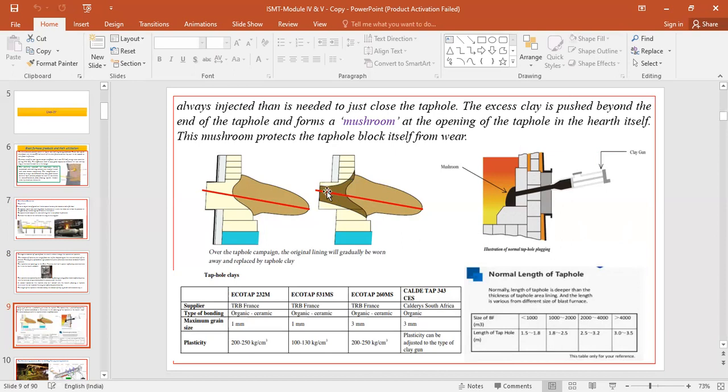You can see this brown part is nothing but the tap hole clay, which is formed as a newly lined refractory system here. And this extended part is called a mushroom. You can also see the same thing here. This is called a mushroom. This is the clay gun, which is injecting the tap hole clay.